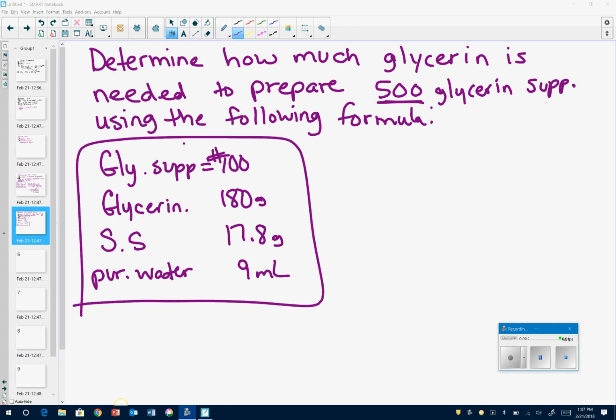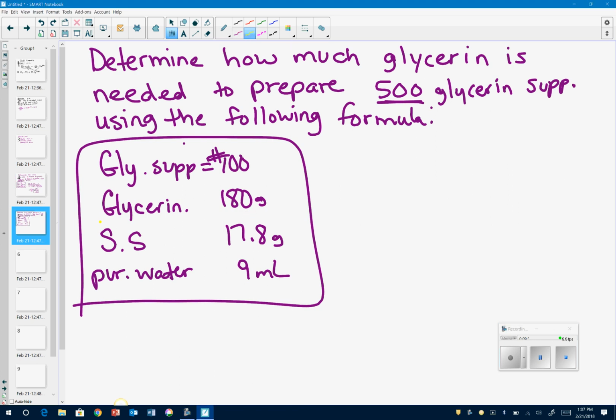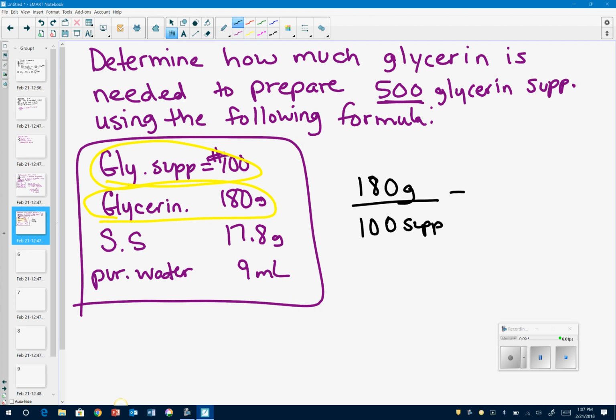So what you want to do is you know that you have 180 grams of glycerin in 100 suppositories. So we're going to take 180 grams over 100 suppositories. And we know we want to make 500, so our total's down here. We're going to put our other total down here as well too.